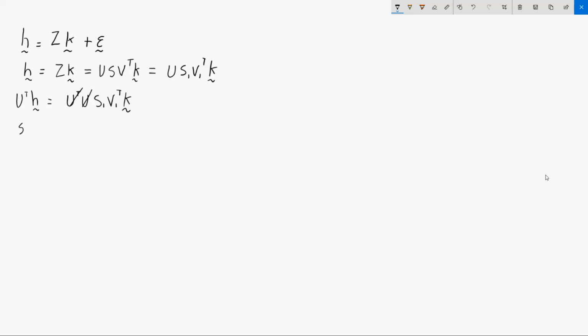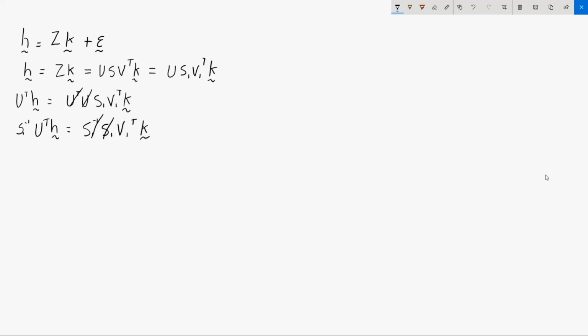So S1 negative 1 U transpose H equals S1 negative 1 S1 V1 transpose K. These cancel because one's the inverse of the other.